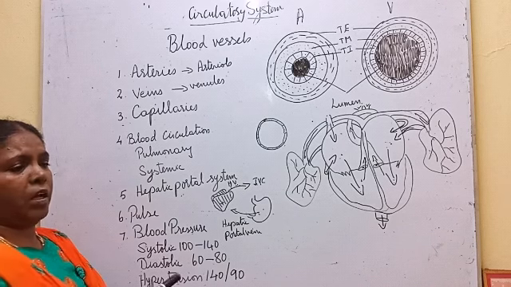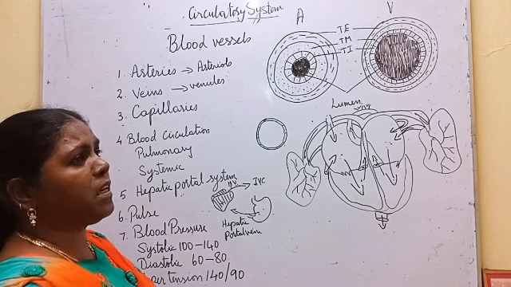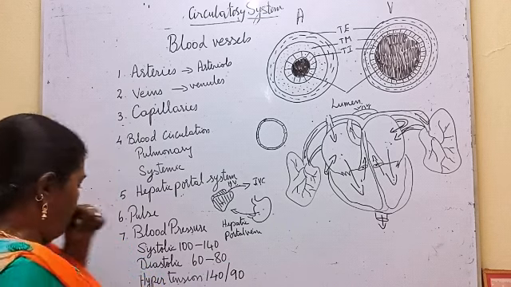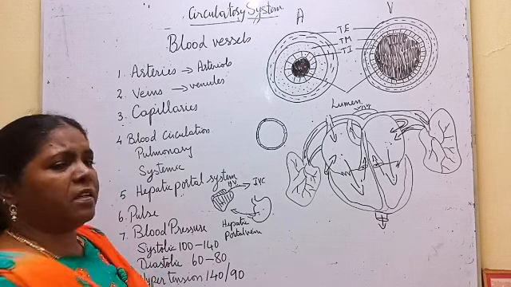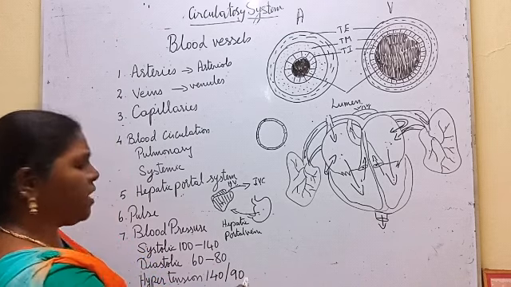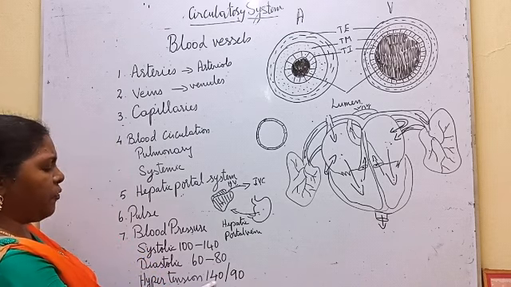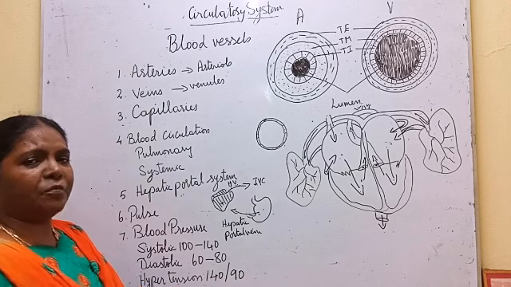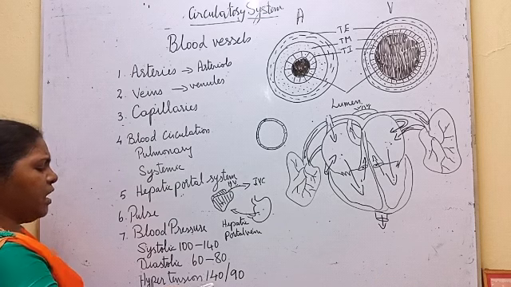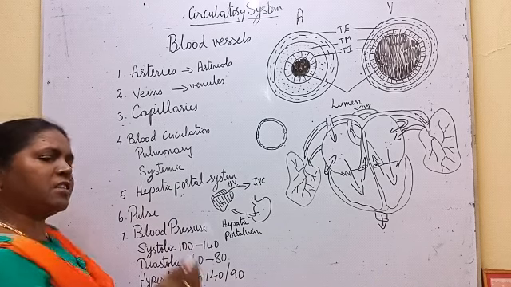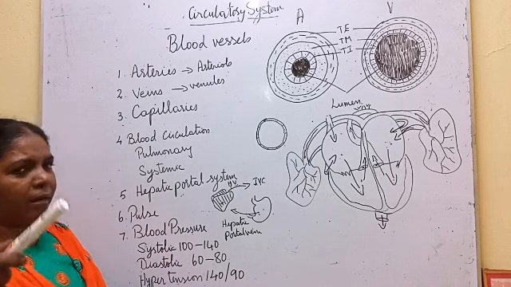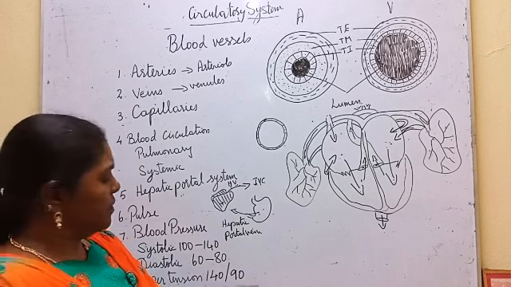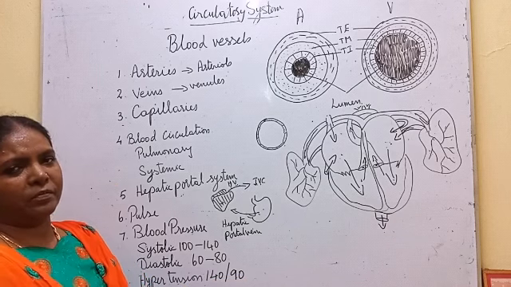So if you take this sphygmomanometer, or now we are having digital manometers and all, we can see the reading straight away. And when you take the blood pressure for your mother, father, grandfather, grandmother, 140 by 90 is normal only. If it is 141, then 91, it starts like that, then they are having hypertension.